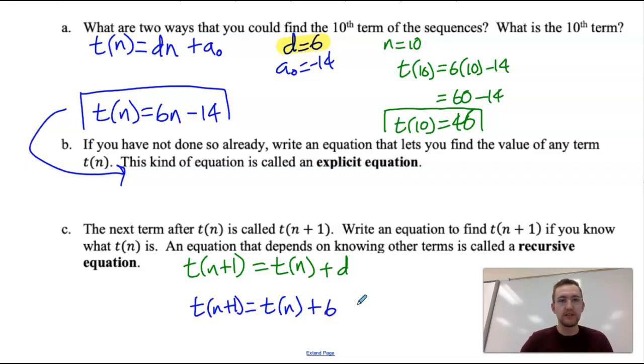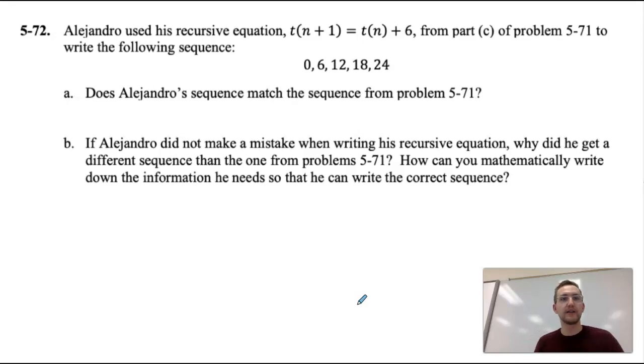So if we go to 72 on the next page, Alejandro used his recursive equation, T of n plus 1 is equal to T of n plus 6, which is exactly what we had in the last problem, from part C of 571, to write the following sequence. So does Alejandro's sequence match the sequence from the problem in 571?